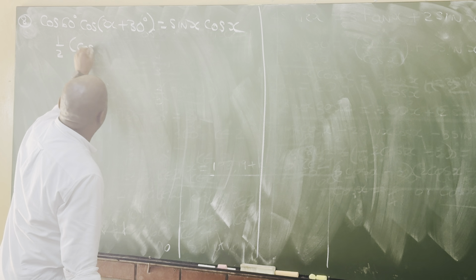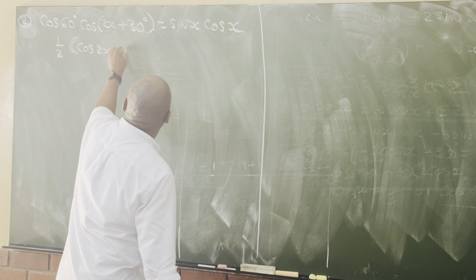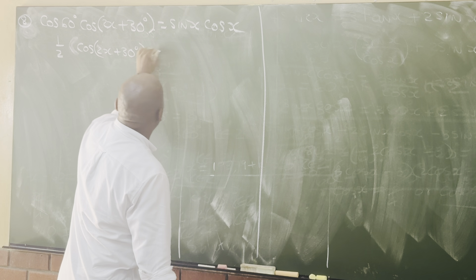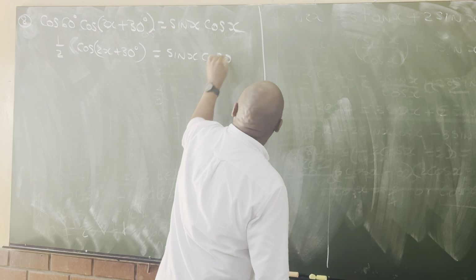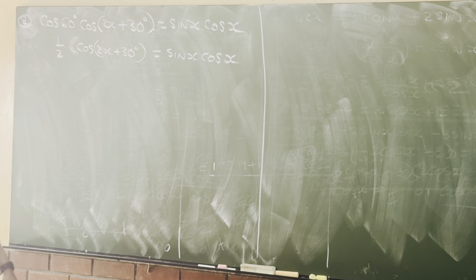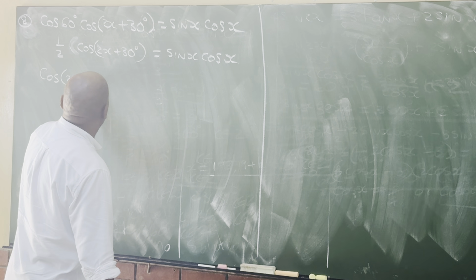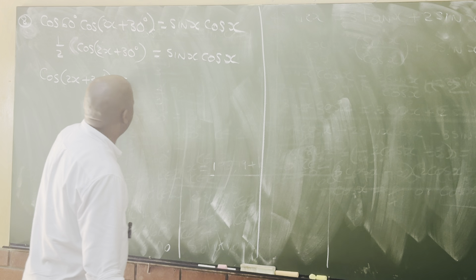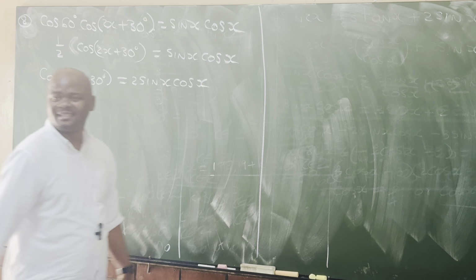Then we have cos 2x plus 30 degrees is equals to sine x cos x. Times by 2. Then you have cos into 2x plus 30 is equals to 2 sine x cos x.